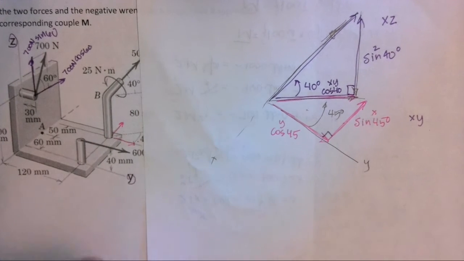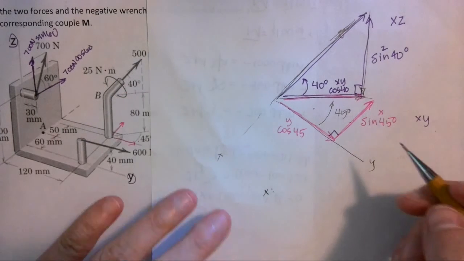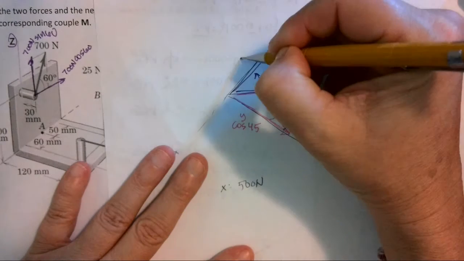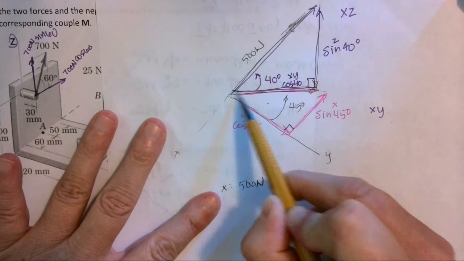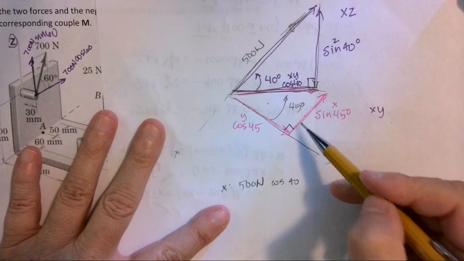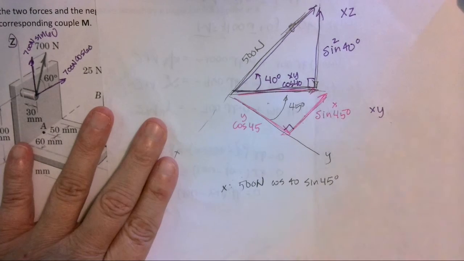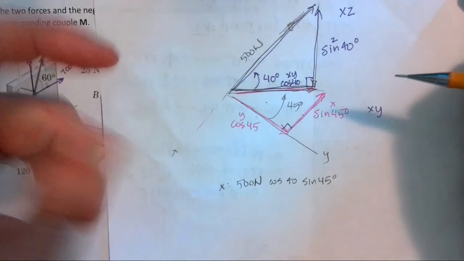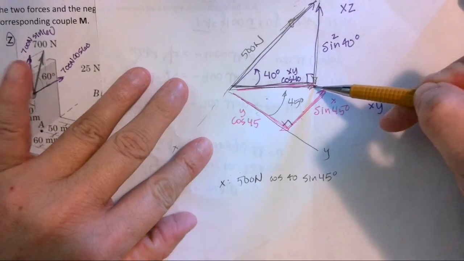If I want to look at the x component of this force, it is going to be 500 newtons, that's my actual force vector, times cosine 40, which gets me down to the xy plane, and then sine 45, that gets the component now that I'm two-dimensional in the xy. So cosine 40 takes me out of 3D and puts me back on the xy plane.